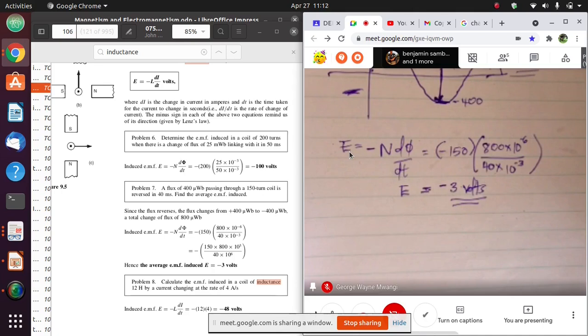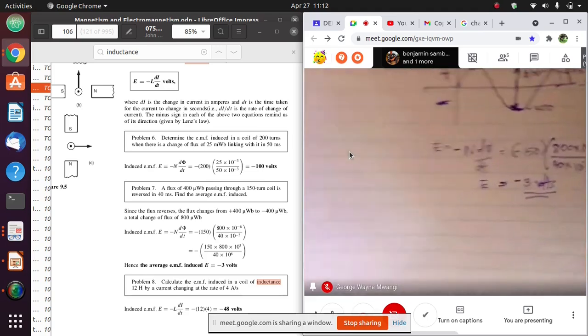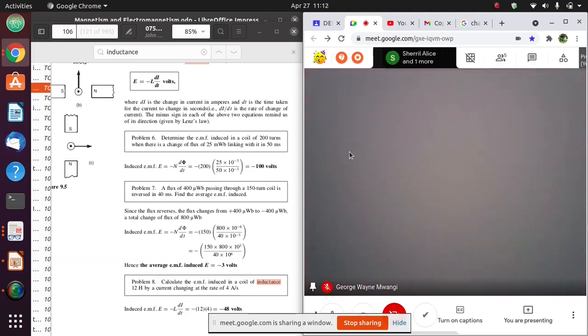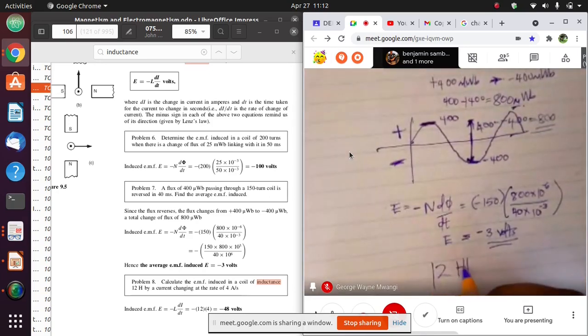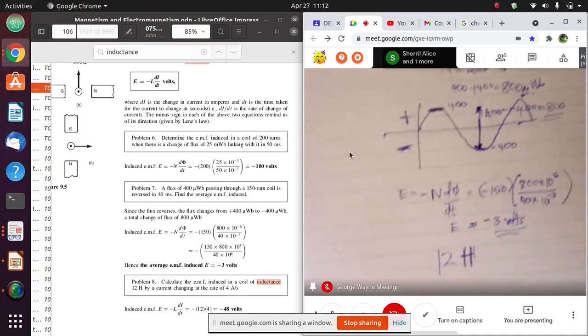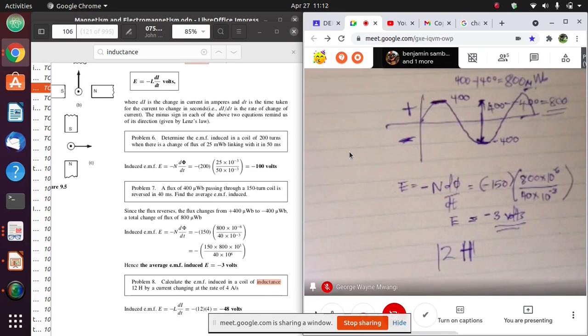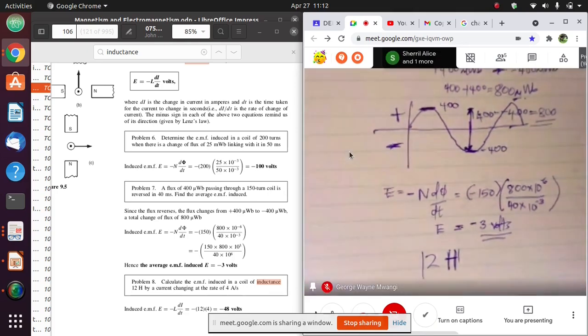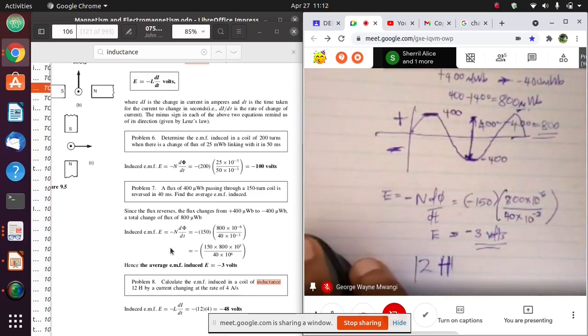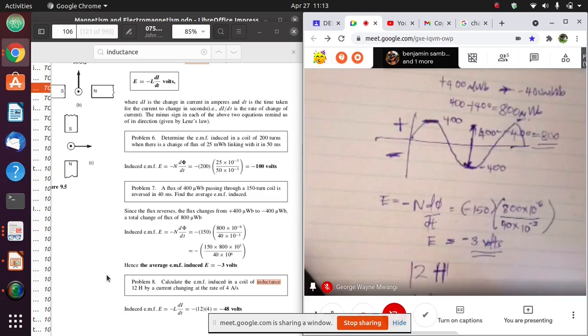We have been told to calculate the EMF induced in a coil of inductance 12 Henry by a current changing at the rate of 4 amperes per second.